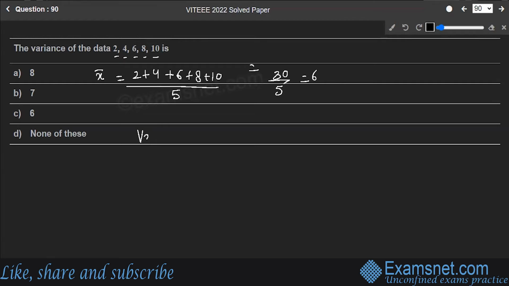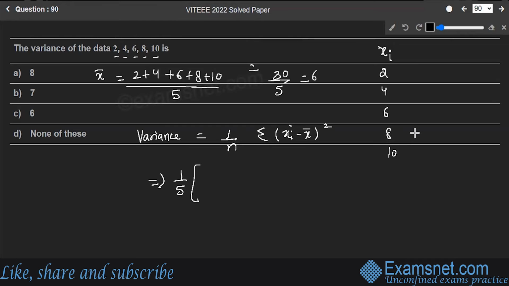Now the variance is given by 1 by n summation of (xi minus x bar) whole square, where n is equal to 5. So first, xi is 2, 4, 6, 8, and 10.